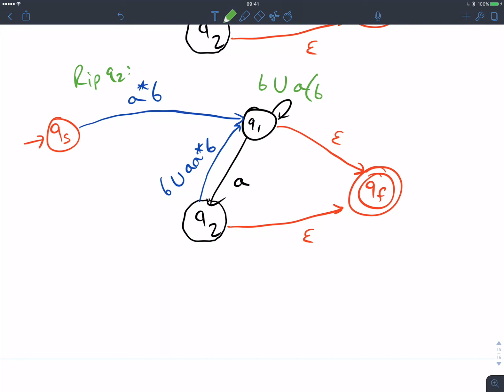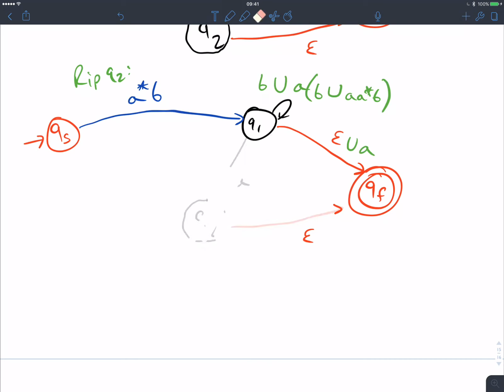Yeah, B union A star B. So then now I can delete that transition. Then what other transition? Q1 to QF, there's already a transition there, so I should do a union with what? Yeah, just a single A. Good. And then I can remove all this.